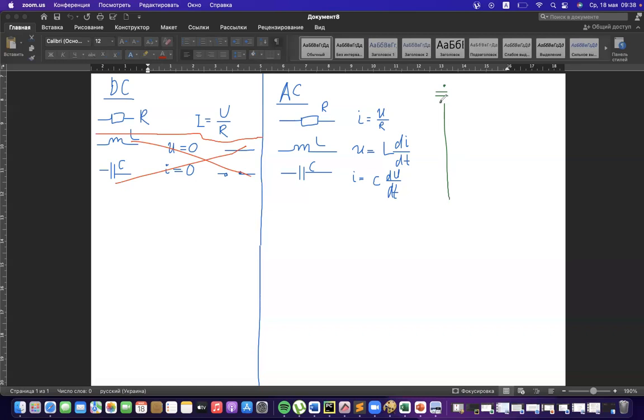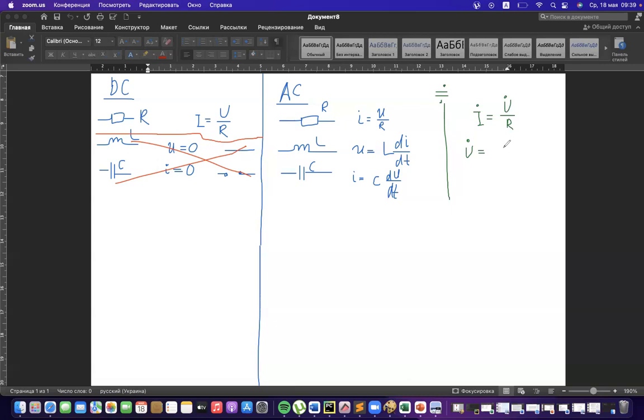And as we described in previous lectures, in complex number variables, Ohm law stays the same. And for the coil, we obtain a situation most similar to the Ohm law.